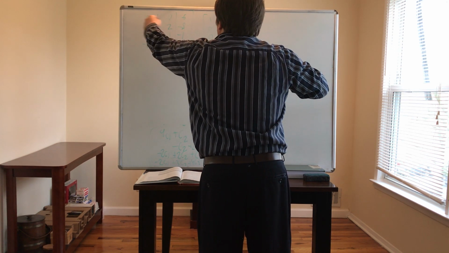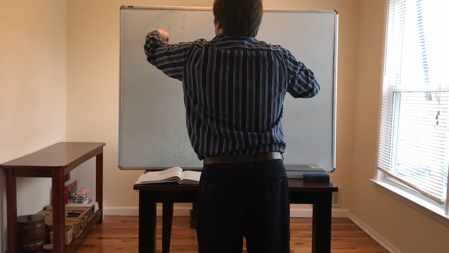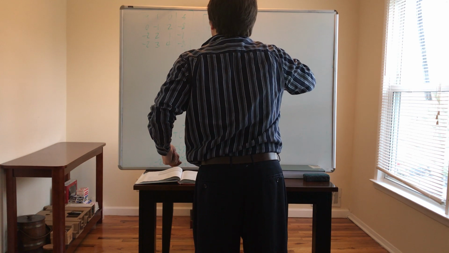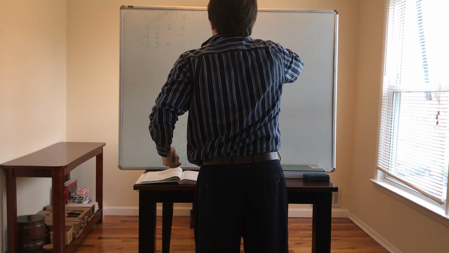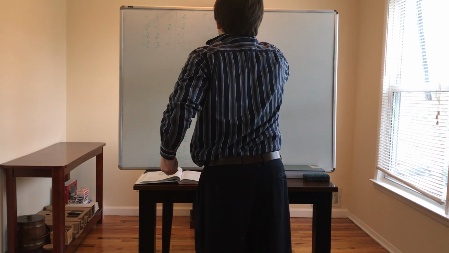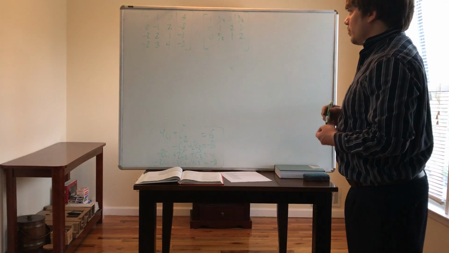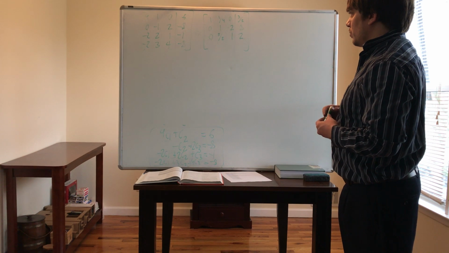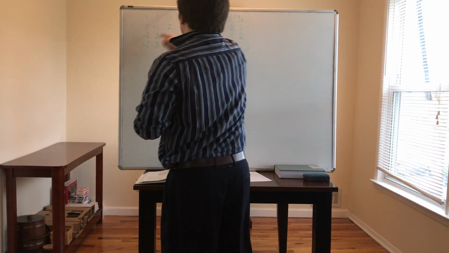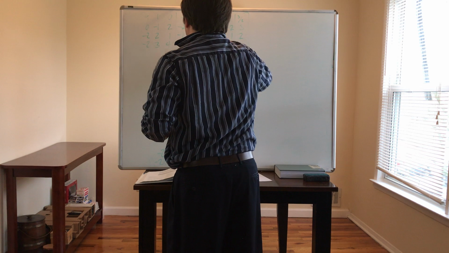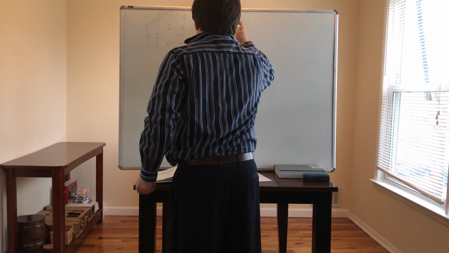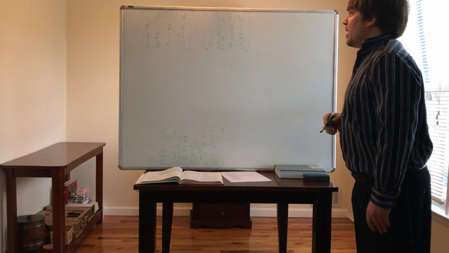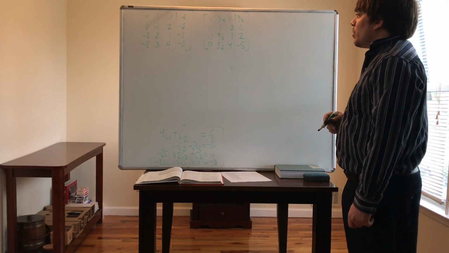And take 2 and add to that. It's a 1. 2 times 3, that's going to be a 2. Then I'm going to take 2 times this row again, add to that, and get 0, 7 halves, 4, negative 5.